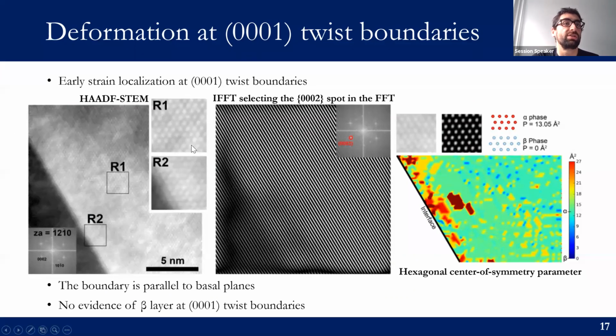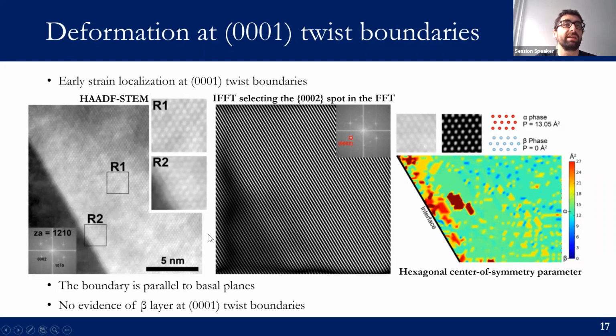These magnifications reveal that there are similar atomic arrangements nearby the boundary and away from the boundary, suggesting that there is no specific phase at the boundary, such as beta phase.